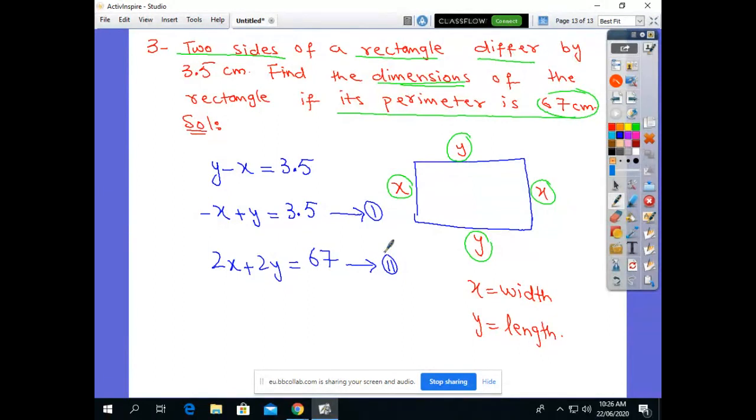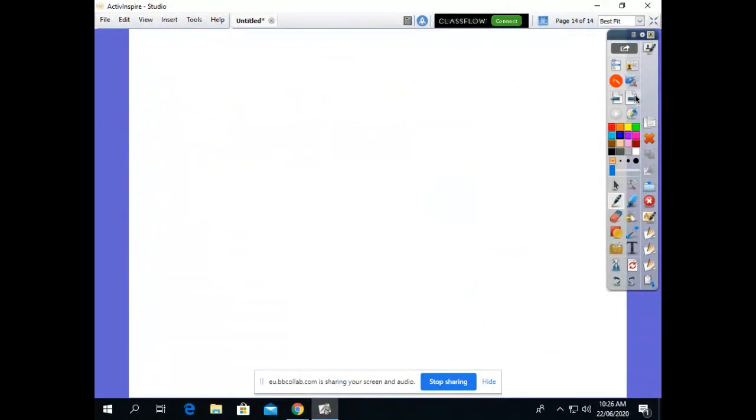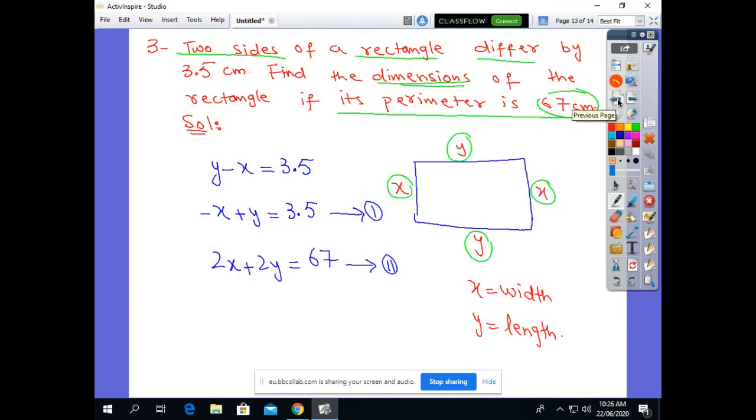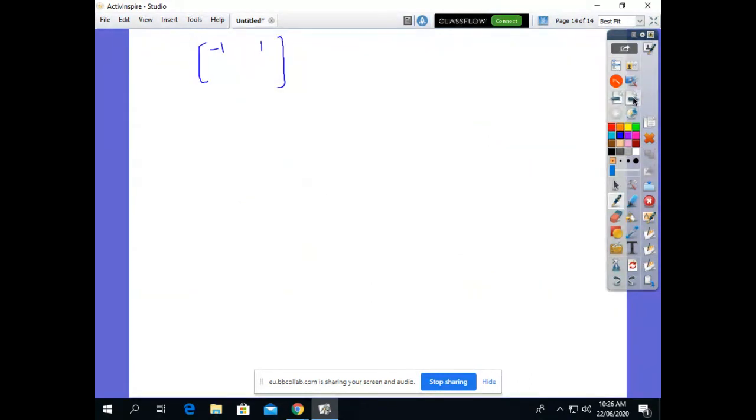Now we convert these two equations into matrix form. How do we convert these two equations into matrix form? First of all, we write the coefficients -1 and 1. Similarly, the coefficients of the second equation are 2, 2.